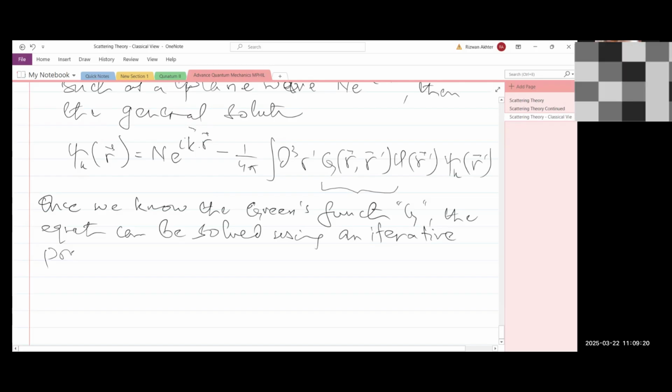Why an iterative procedure? Because you can see that this is an integral equation, and in the integrand we have psi k as well, whose solution we have to find.